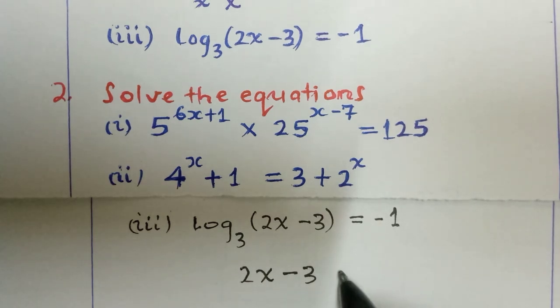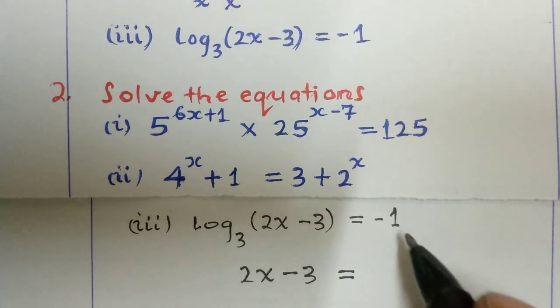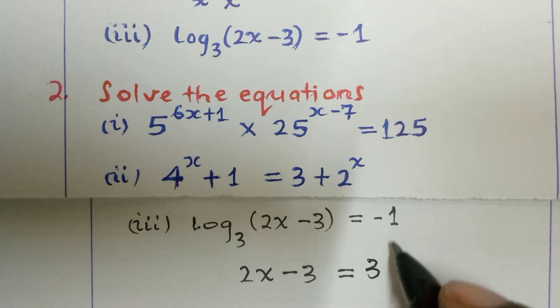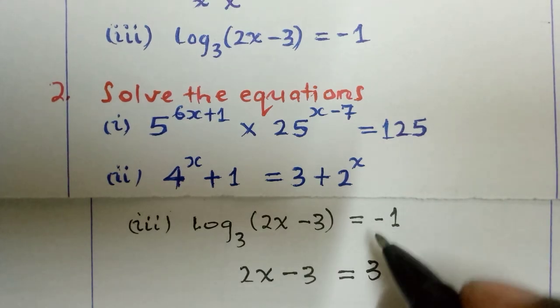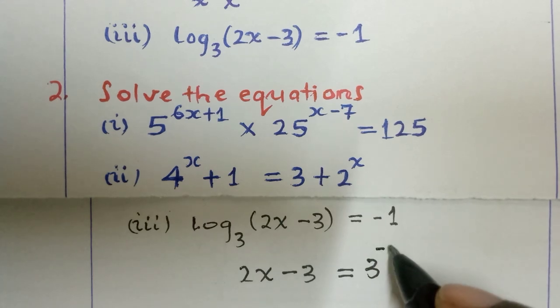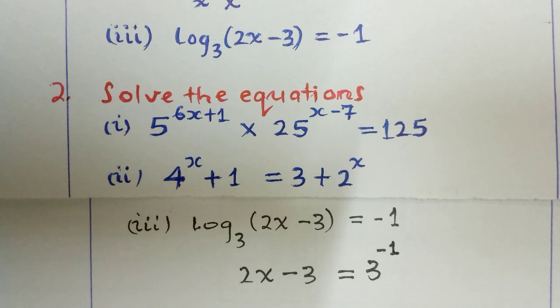This now is equal to, we transfer this 3 to the position of negative 1. So here we write 3, and then we promote. Negative 1 is promoted to a higher position, and that's why we now write negative 1 here, like that. So guys, that's how we do it.